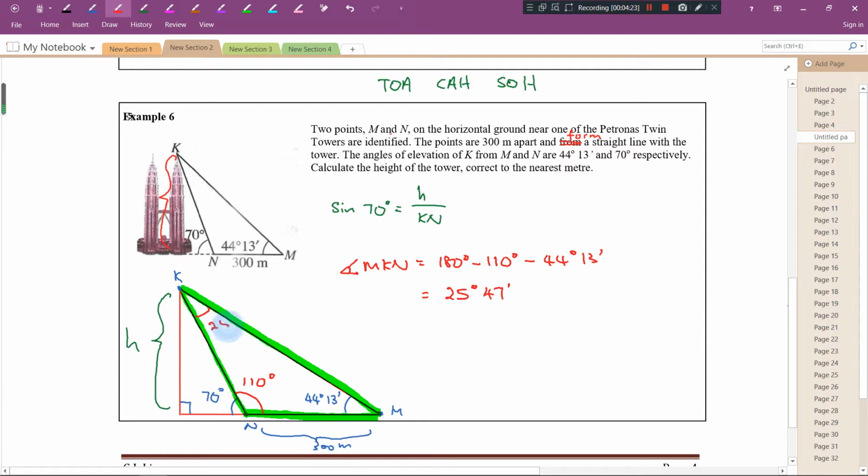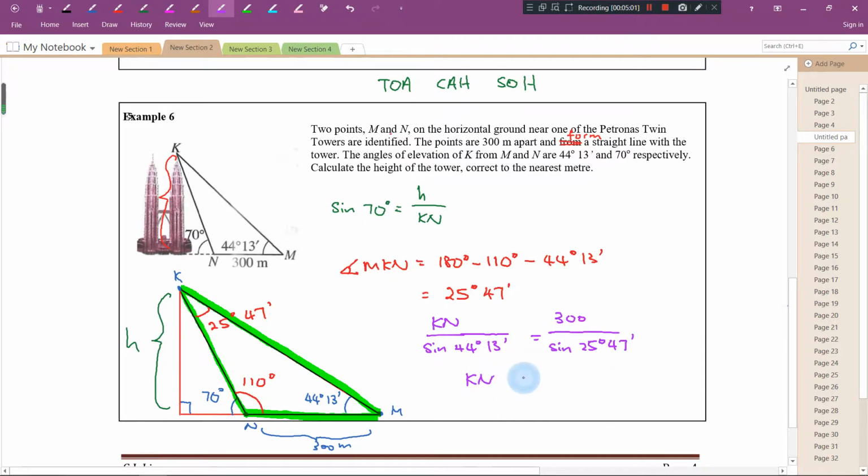Let me label it first: 25 degrees 47 minutes. Now I want to find KN, so I put KN on the top. KN over sine 44 degrees 13 minutes is equal to MN, which is 300, over sine 25 degrees 47 minutes.